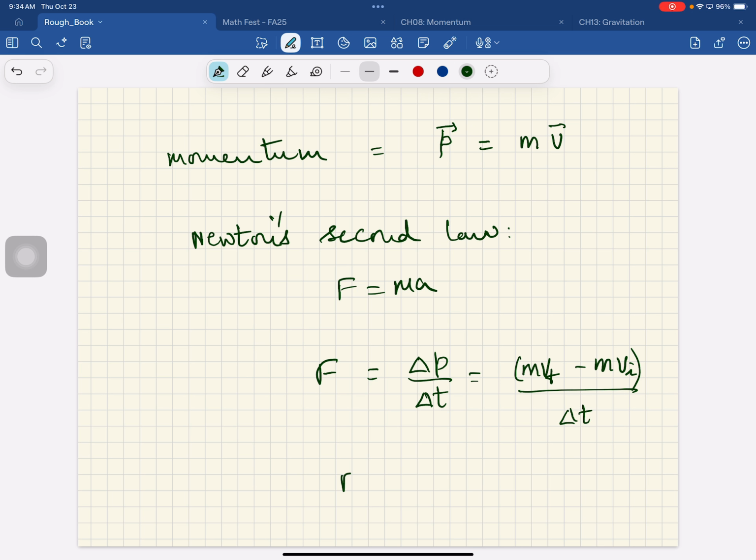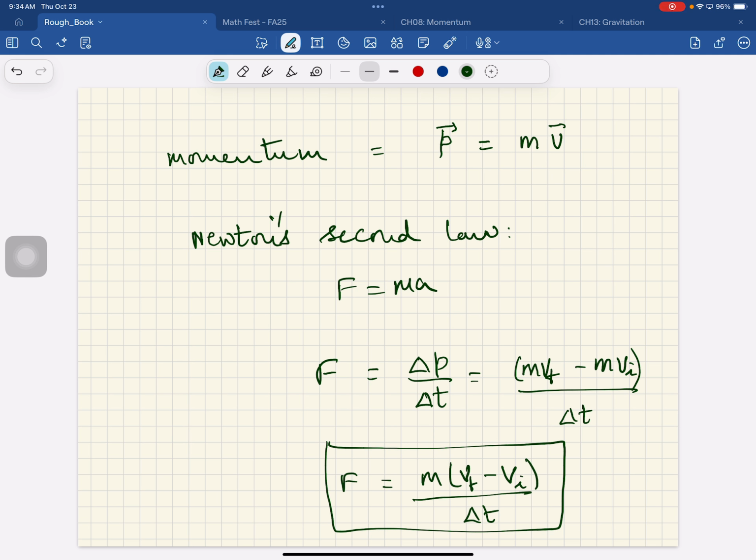So F equals m times v final minus v initial divided by delta t. This is the equation that almost all of the chapter is based on.